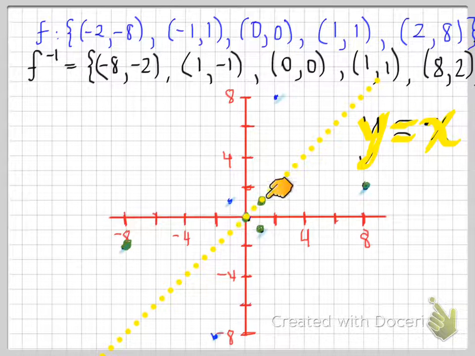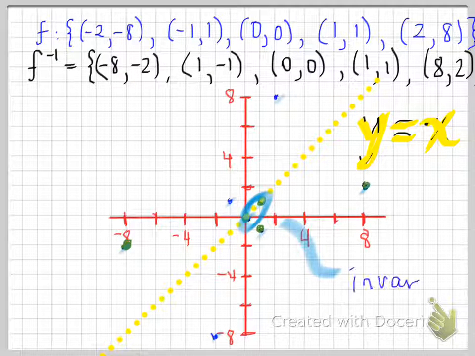But specifically these 2 points, they're actually mirror images of each other right on top of each other. And they are special points that are found right on the mirror. And these special points are known as invariant points. Invariant points are points that don't change when you take the inverse of it.